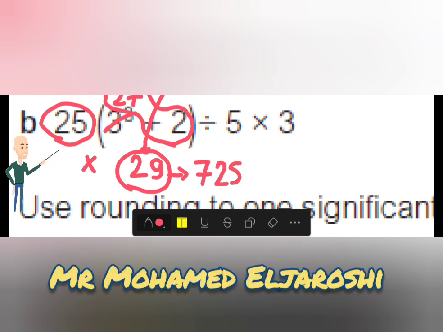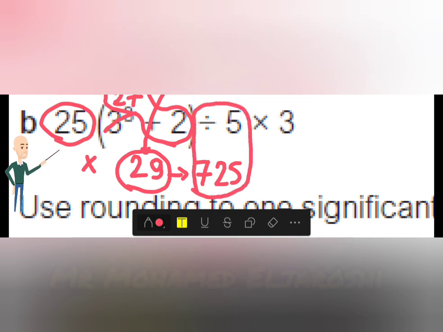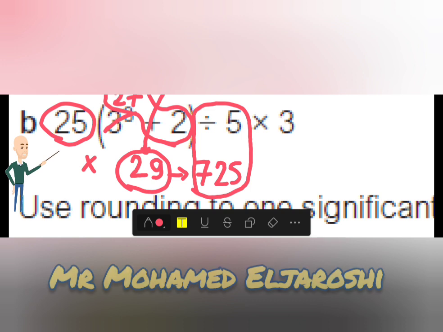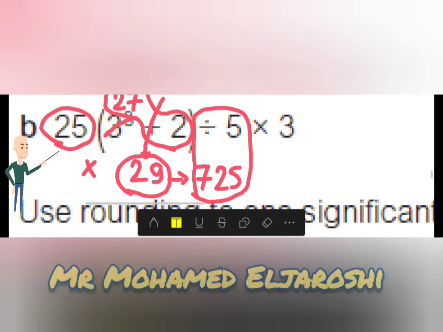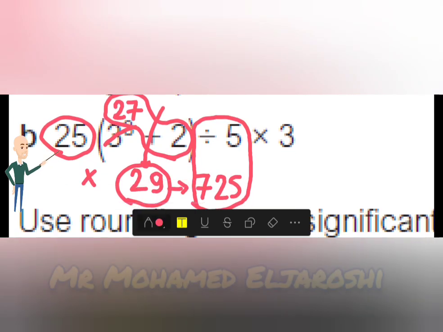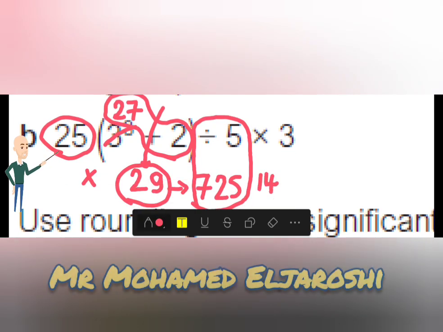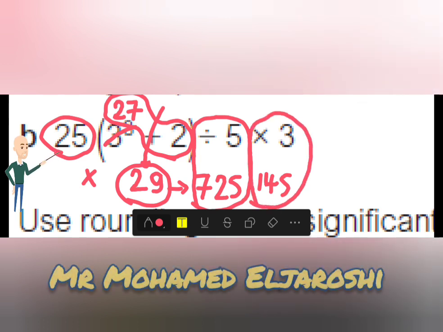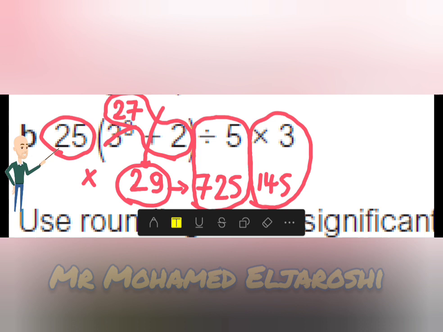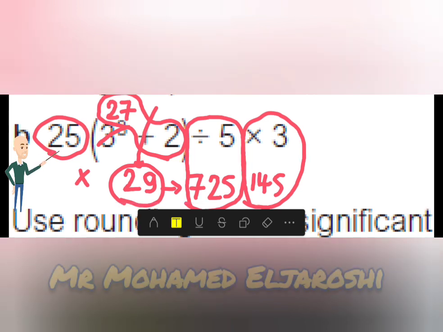725. And then I take the 725 divided by 5. So 725 divided by 5 equals 145. 145. And then I take the 145 and multiply it by 3 equals 435.